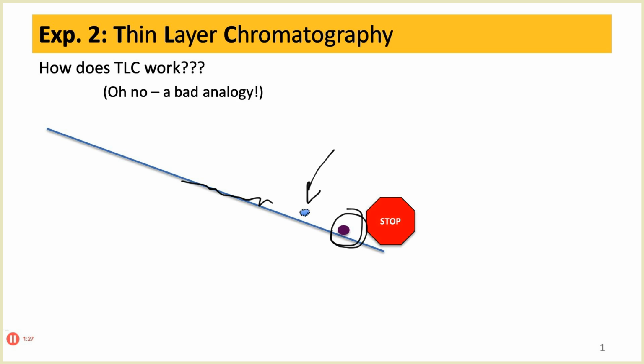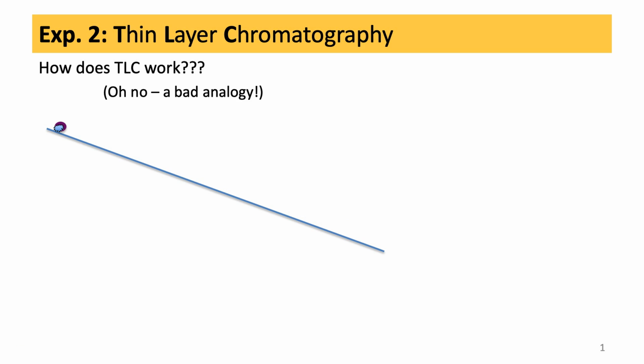So, if I wanted to redo that exciting animation, you can see the ball bearing goes a lot faster, and in that same period of time, the little sticky thing doesn't travel as quickly. That's what TLC does. It's just on a much, much smaller scale.